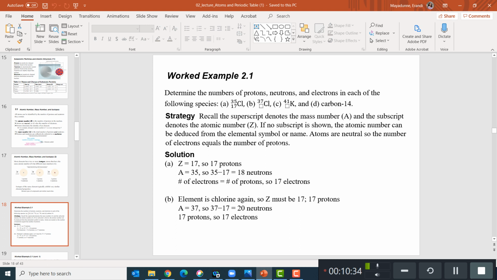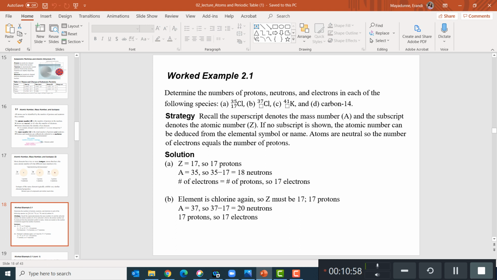So I have an example. Determine the number of protons, neutrons, and electrons in each of the following species. Okay, let's look at the first one, chlorine-35, atomic number 17. Chlorine, how many protons? 17.